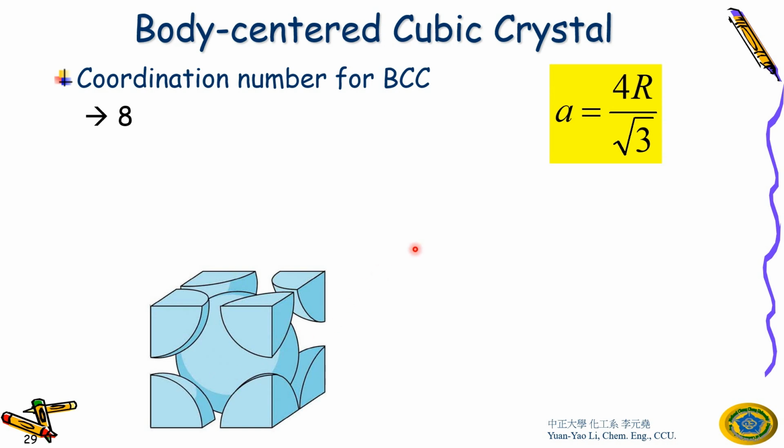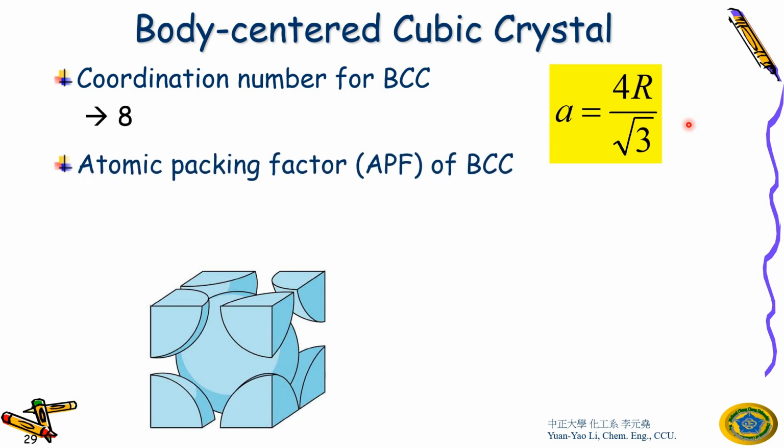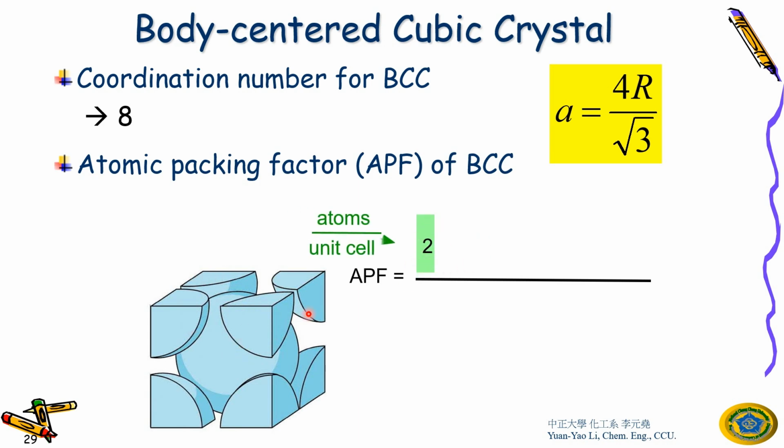So, and you know, the relationship between the radius and the edge is like this. So, do you know the APF? Please tell me APF. APF is what? How much volume of the spheres occupy in this unit cell space? Right? So you have 2 atoms, right? 2 atoms in this unit cell.